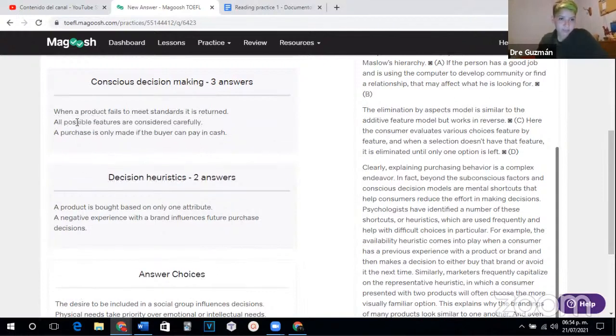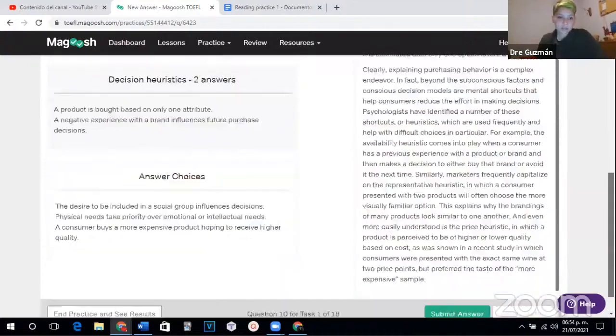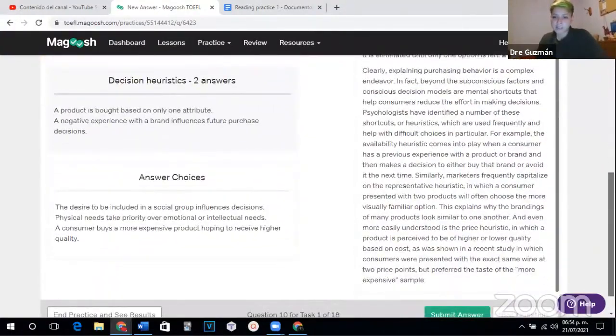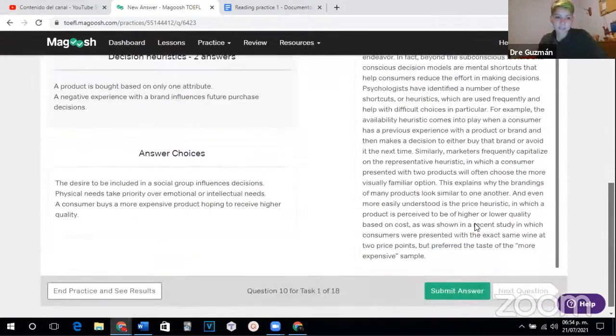Nice. So there are three answers. That one's also complete. So out of these three, one of them has to fit Maslow's hierarchy of needs. Camila, which one do you think out of these three es la que falta en esa? The second one. Physical needs take priority over emotional or intellectual needs.